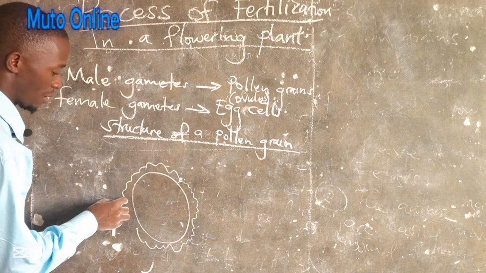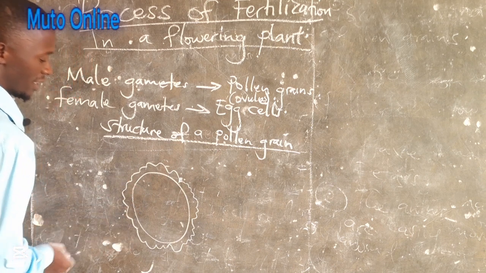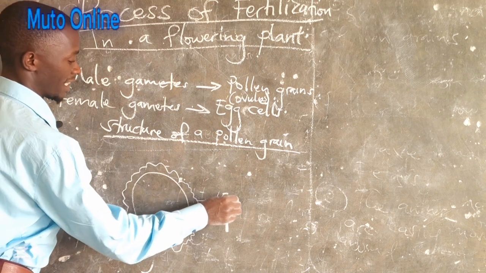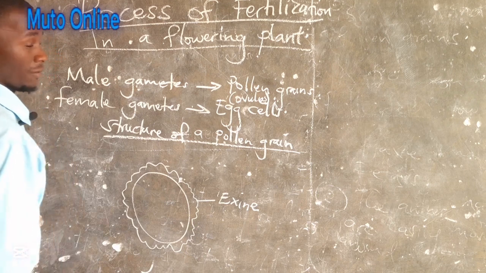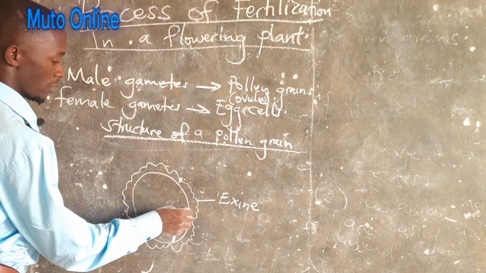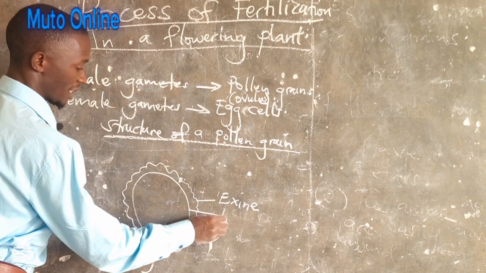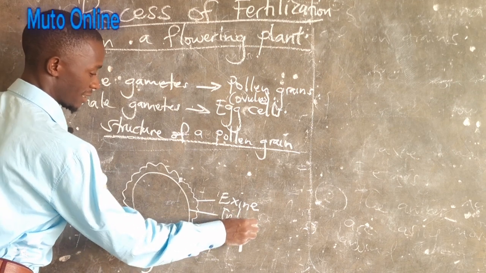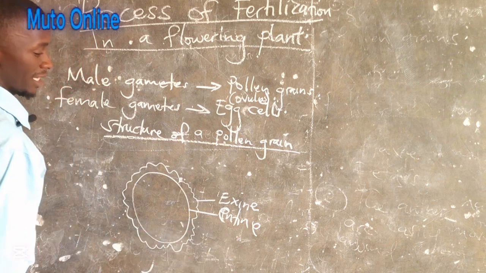It is rough and tough. The inner membrane is known as the intine.